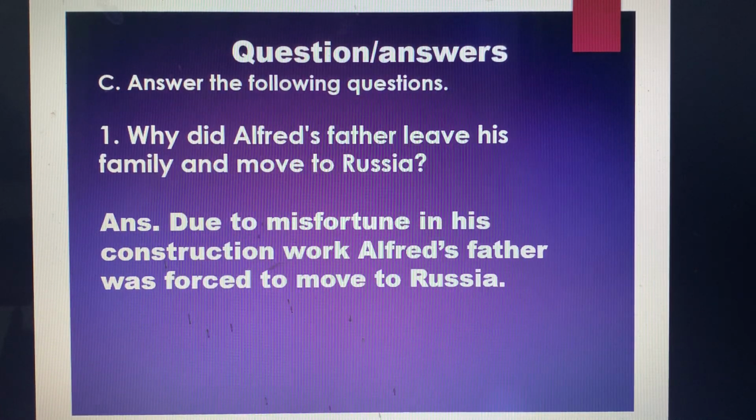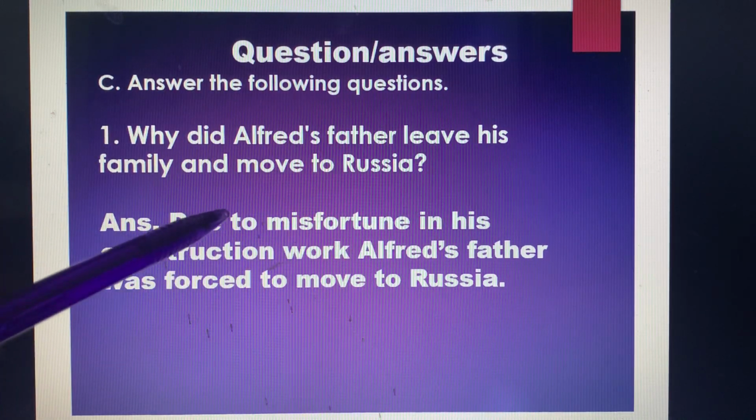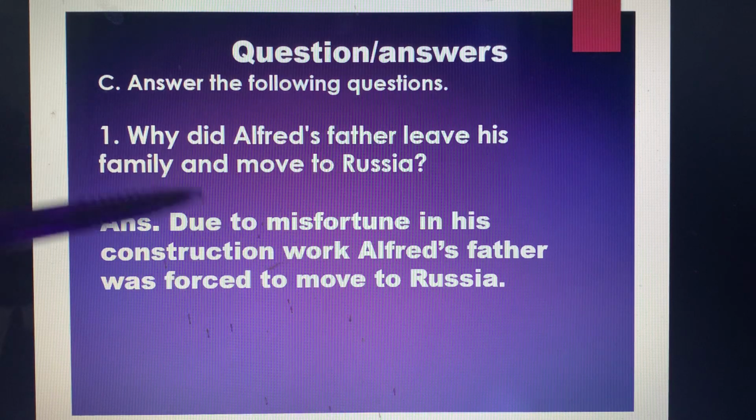Why did he go to Russia? Because there were misfortunes. दुर्भाग्य हो गया था, उनका बिजनेस खत्म हो गया था in his construction work. Then he took the decision to move to Russia. These question answers also you have to write in your English notebook beautifully.